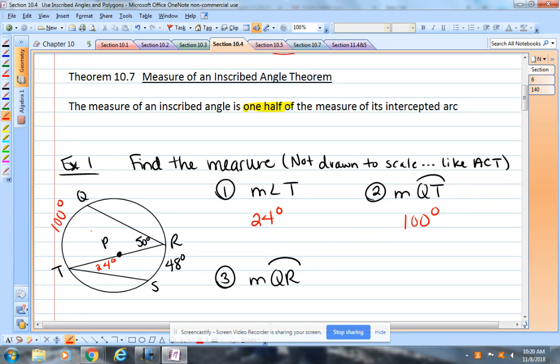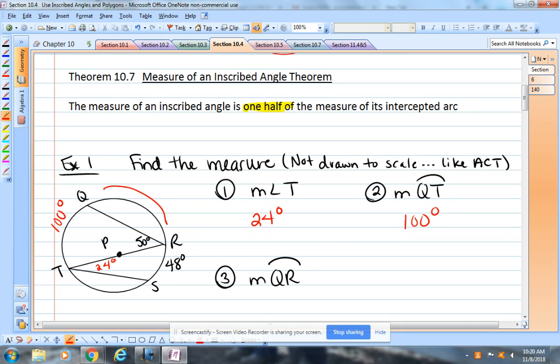Now it wants us to find the measure of arc QR. It's a minor arc. How do you think we could do that? Keep in mind this is not drawn to scale. Well, you don't know TS. So we can't do 360. Yep.